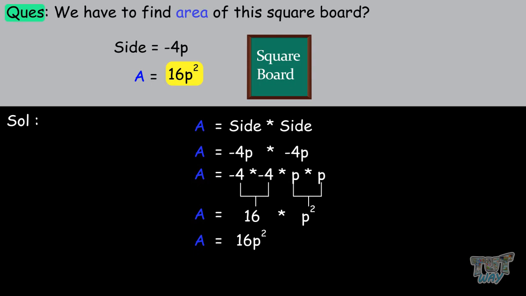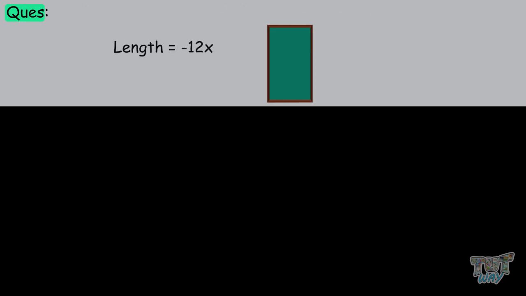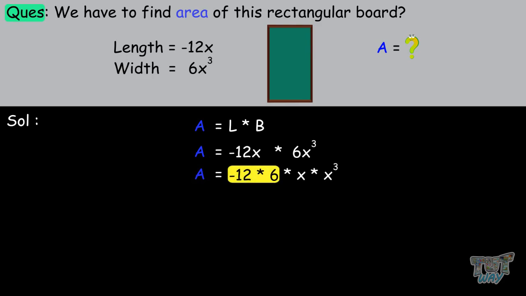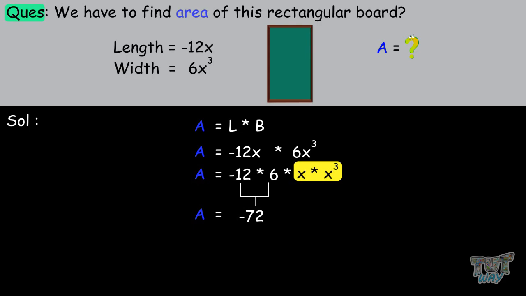So next question. This is a rectangular board with a length of negative 12x and a width of 6x to the power of 3. What is the area? Area is length times breadth. Plug in the values given and we have negative 12x times 6x cubed. So first we multiply coefficients, then variables, and we get negative 72 times x.